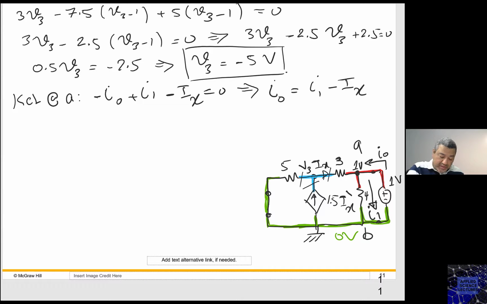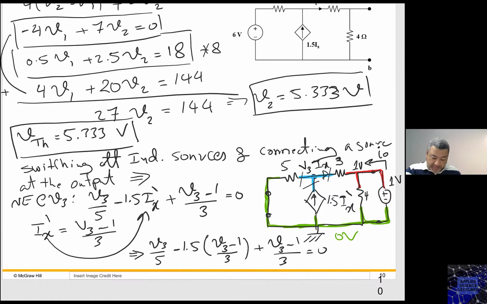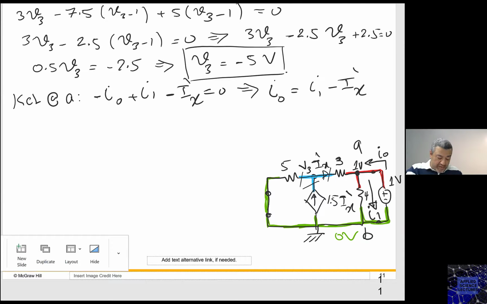So what is IX prime? IX prime is (V3 minus 1) over 3. And we found V3 to be minus 5. And what is I1? I1 is 1 volt divided by 4, right?